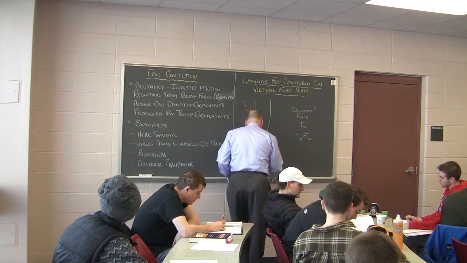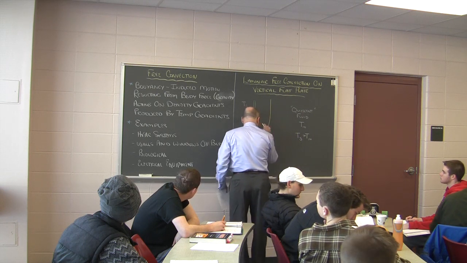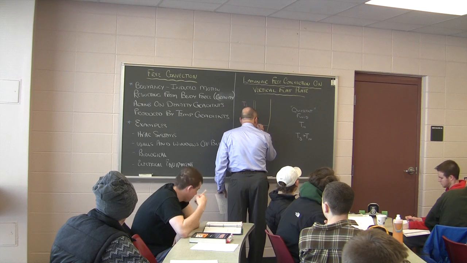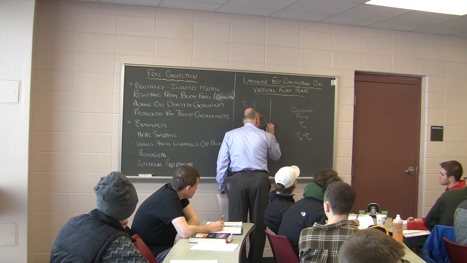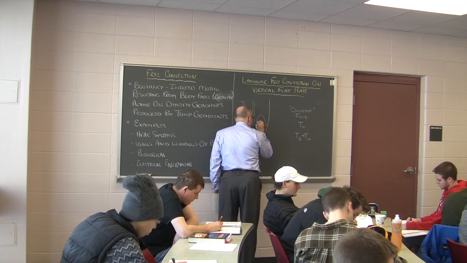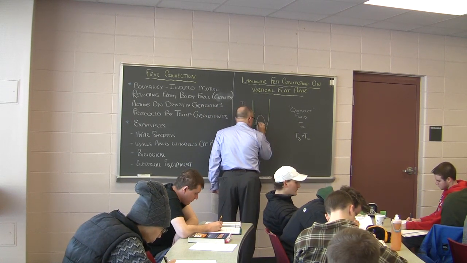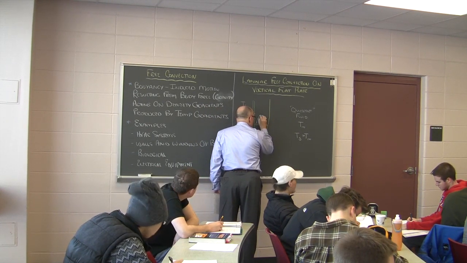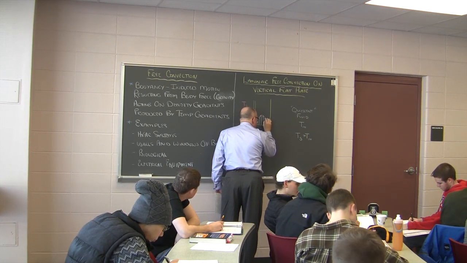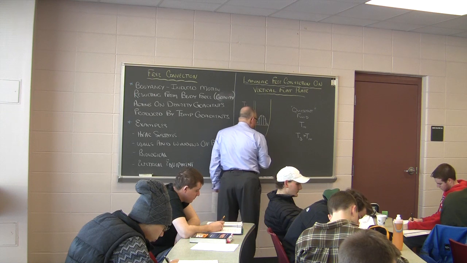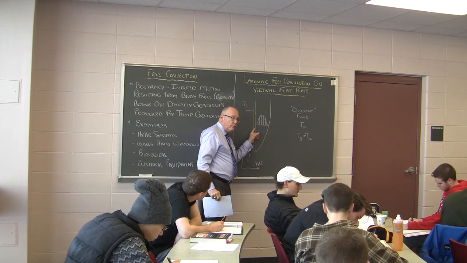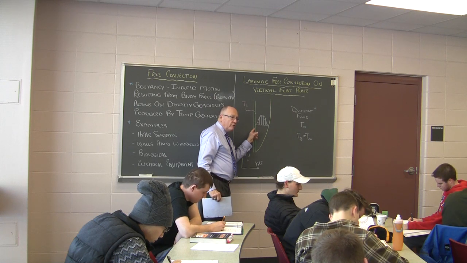All right? But some of the things that we have here is a little different. Let's take a look at what the velocity profile looks like. There's our velocity profile. Right here, at the surface, what's the velocity of the fluid?